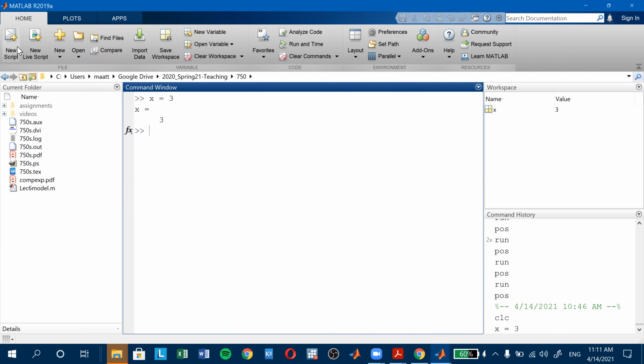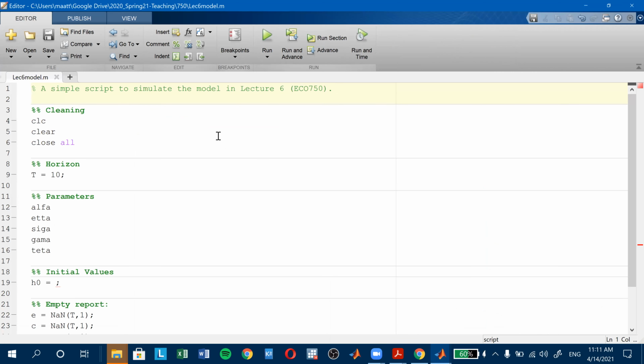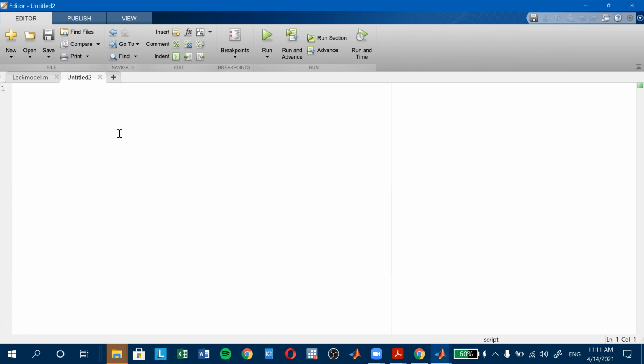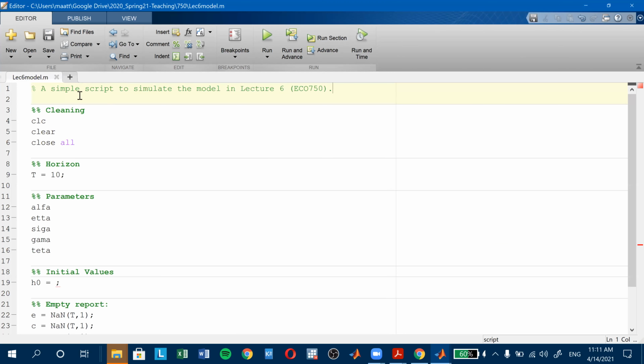When you click on the new script button, an empty file like this opens and you just type your comments. Now, what we want to do is to write a simple script that simulates this model. First, we do some cleaning. This is to clear the command window.